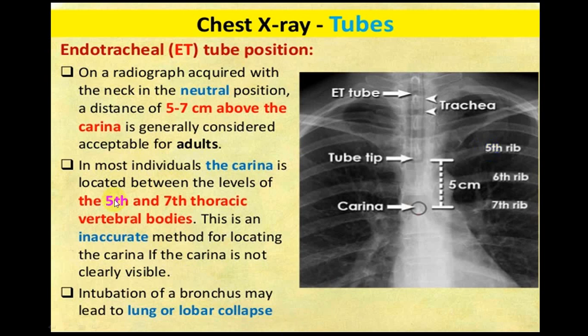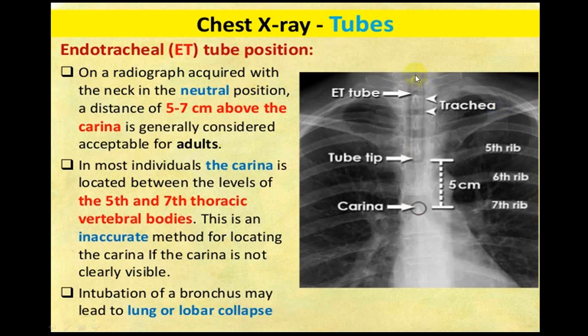Now here, one by one, we'll show you some of the tubes which you can easily identify. You can see in this X-ray that this is the position of the trachea, and in that trachea you can see one tube. This is an endotracheal tube. So an endotracheal tube is usually seen in the shadow of the trachea.